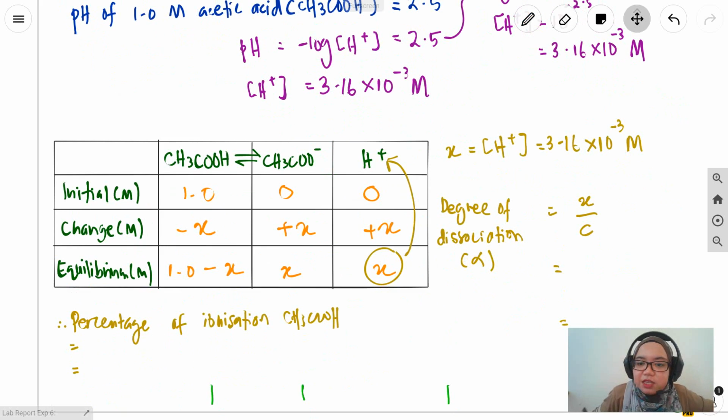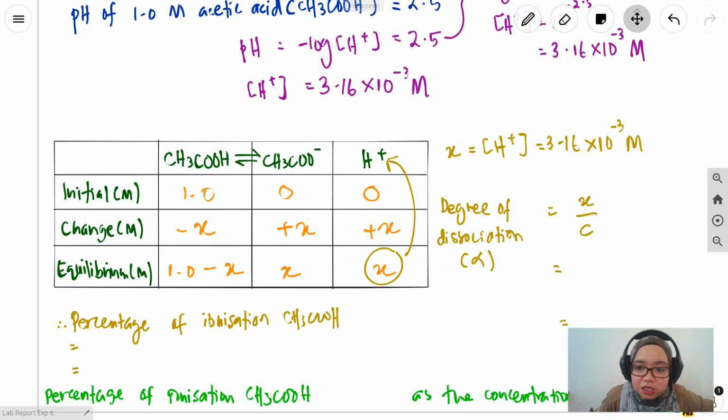So that's why we can use the degree of dissociation alpha, which is equal to x, the amount of dissociated CH3COOH, divided by the initial concentration of CH3COOH, acetic acid lah. Okay, so x is equal to 3.16 times 10 to the power of negative 3 molar divided by the initial concentration of 1.0 molar.